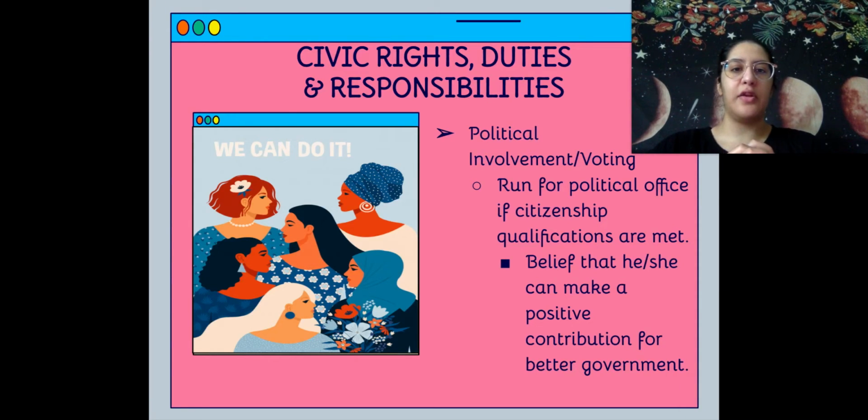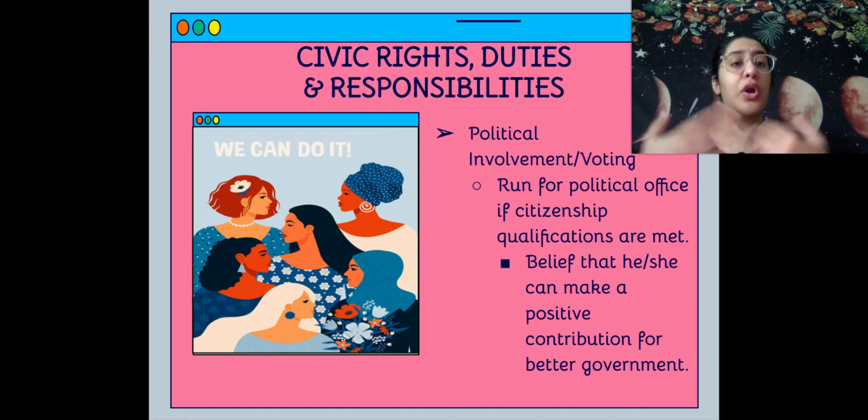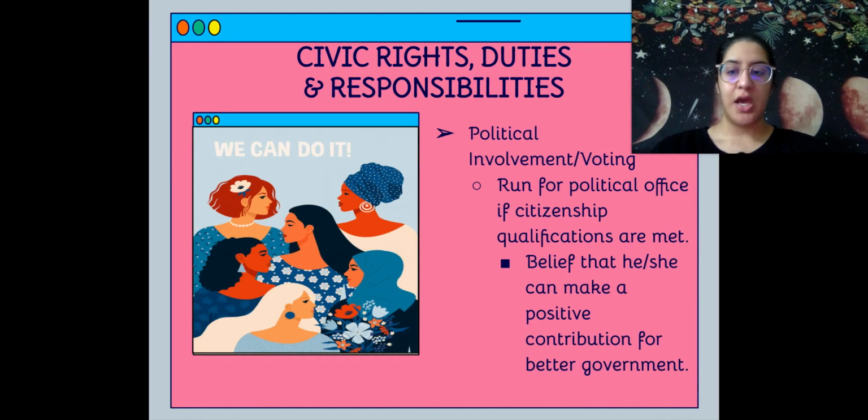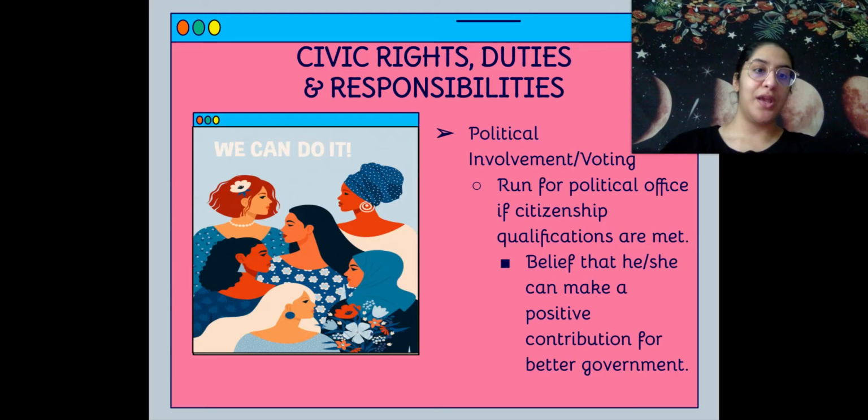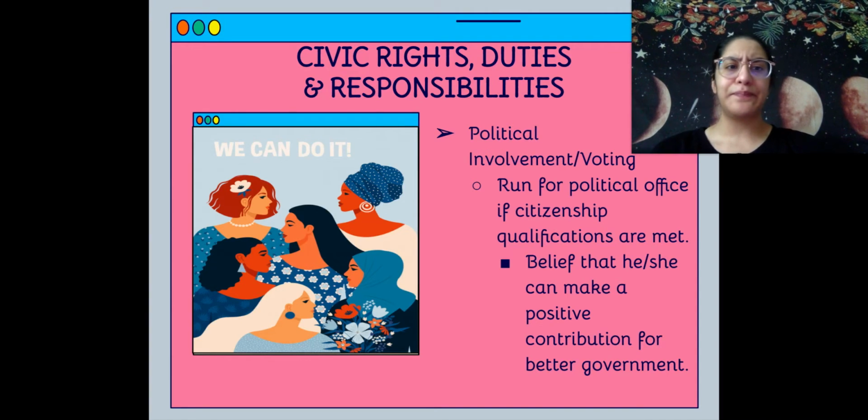Now we're going to talk a little bit about political involvement. So this includes voting, running for office, and basically just feeling like you have the backing and strength to contribute to your local, state, federal government. So citizens vote on their representatives in the United States and a few other countries which have various forms of democratic systems, which we went over in our government lesson last week.